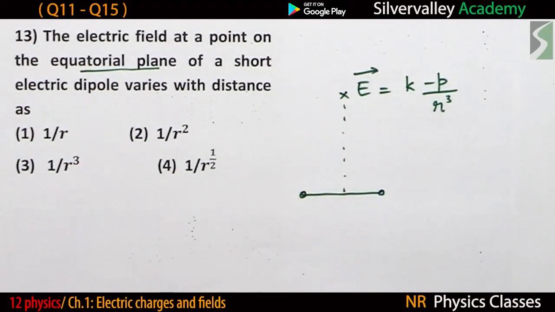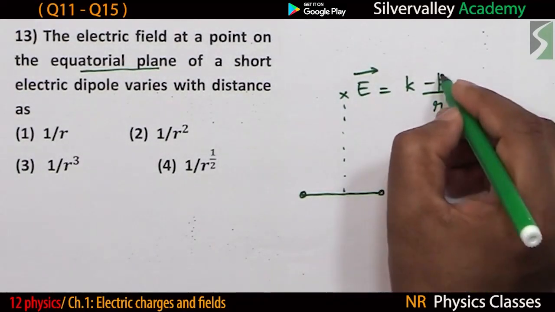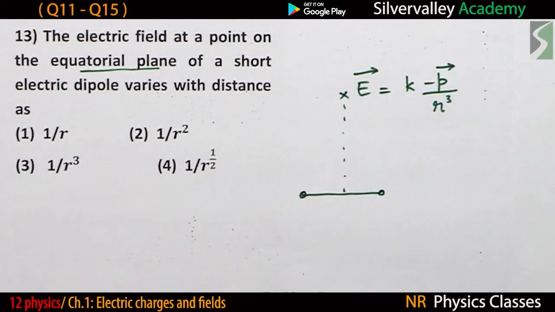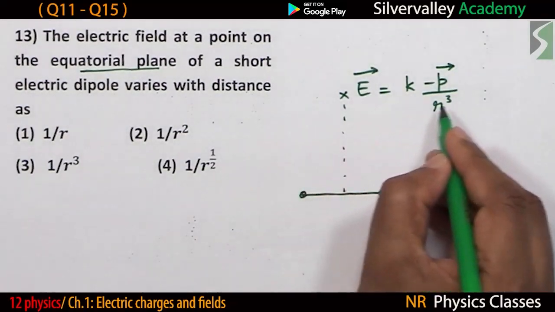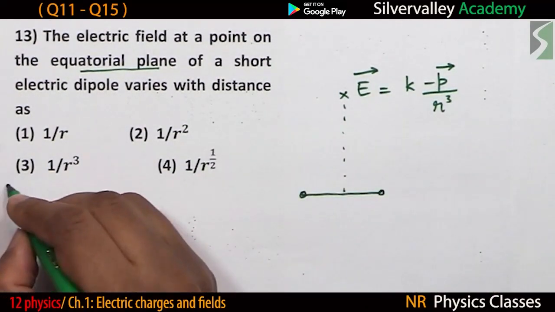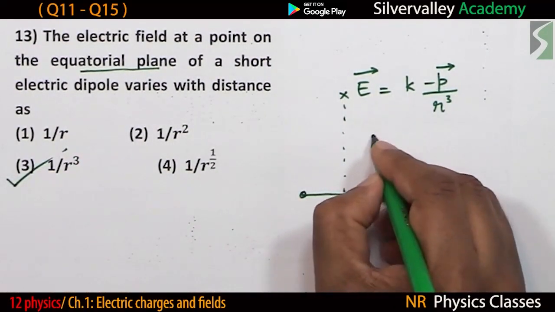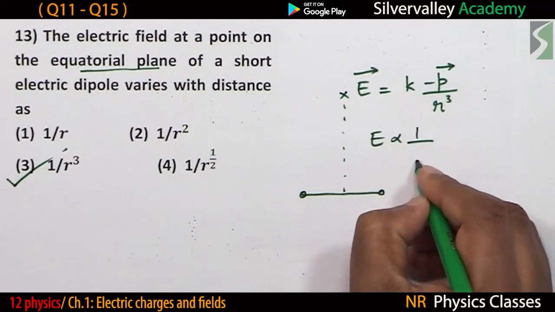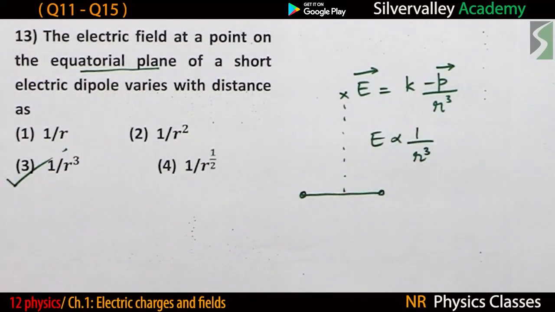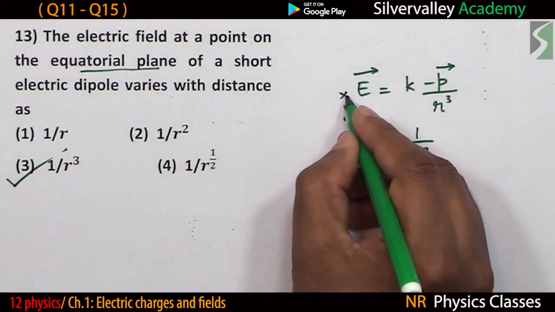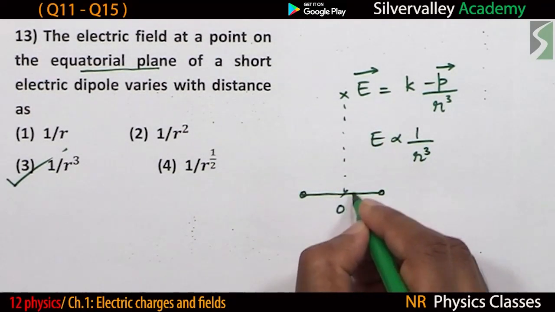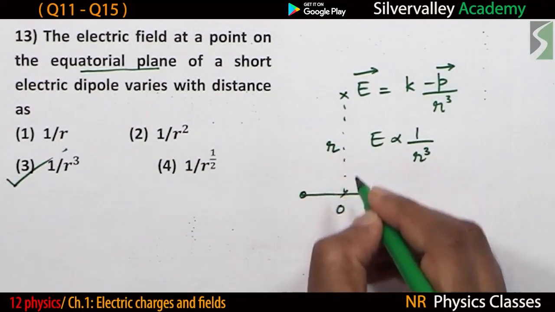This is electric field. This is dipole moment vector. So electric field is proportional to 1 by R cube. And distance of this point from the center of the dipole is R.